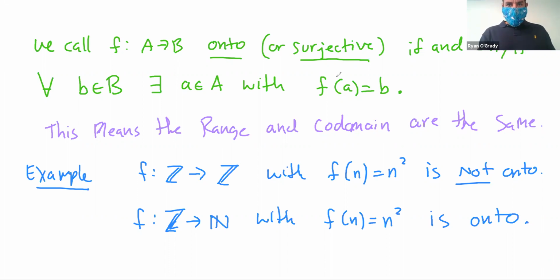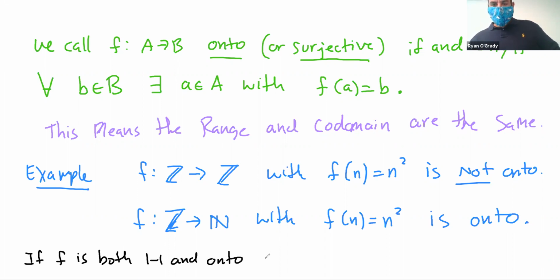Here's an important term. If f is both one-to-one and onto, we call f a bijection.